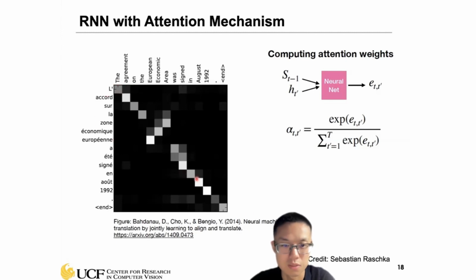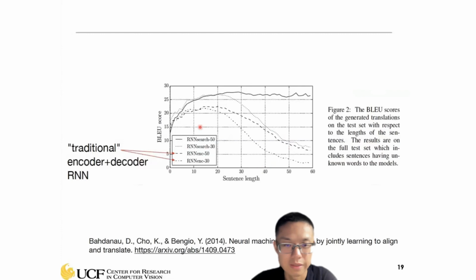Okay, so we can plot these weights as a visualization. Again, this is just the figure from their paper. With the attention mechanism in their RNN, they are able to improve the performance when the sentence is long. Okay.